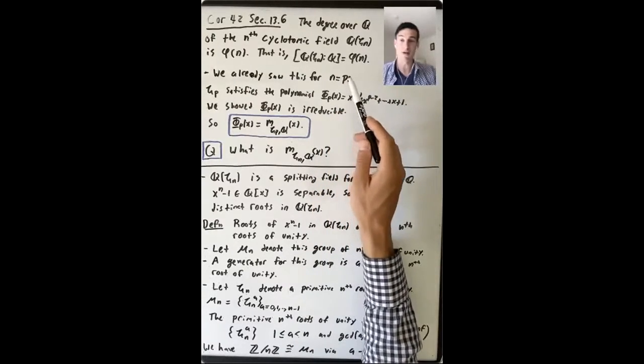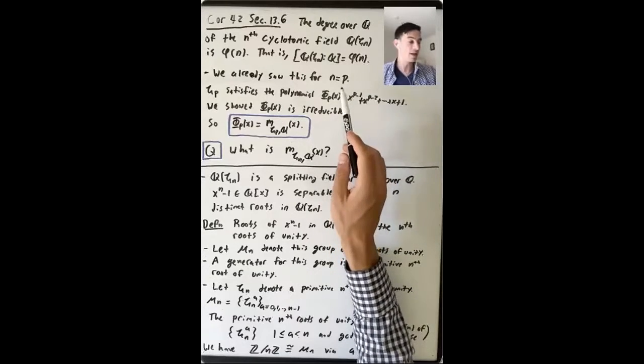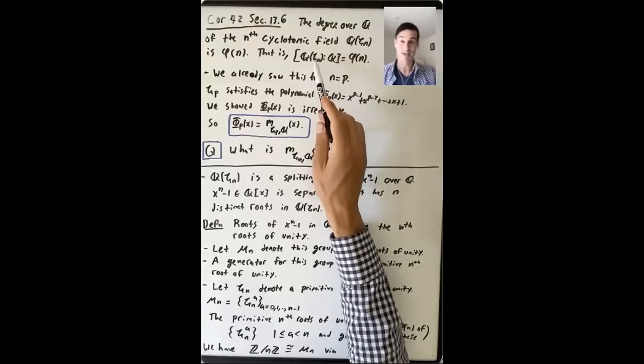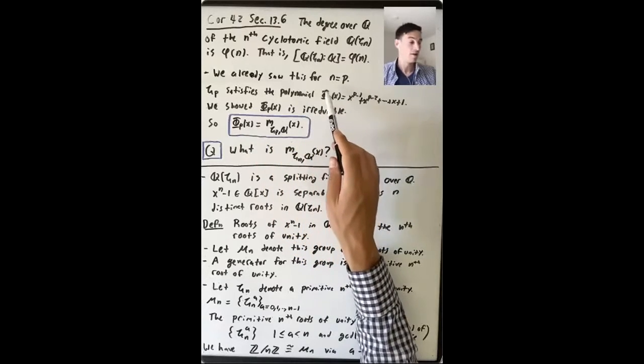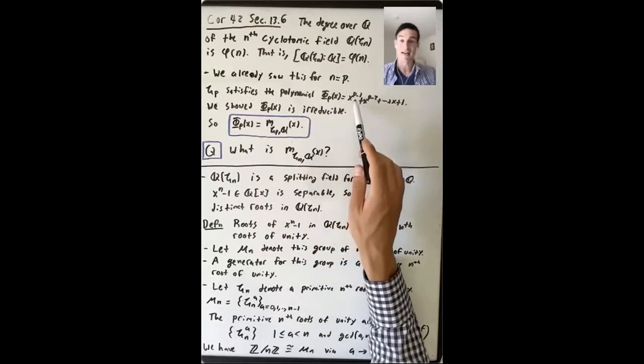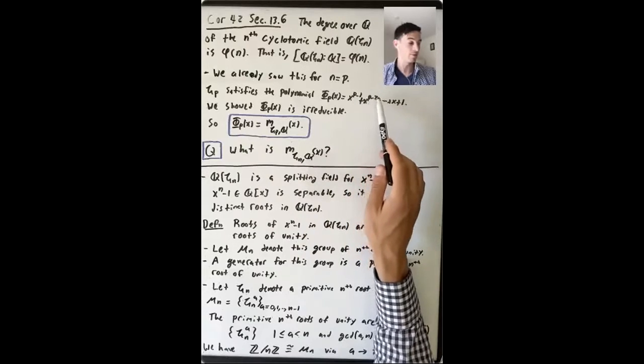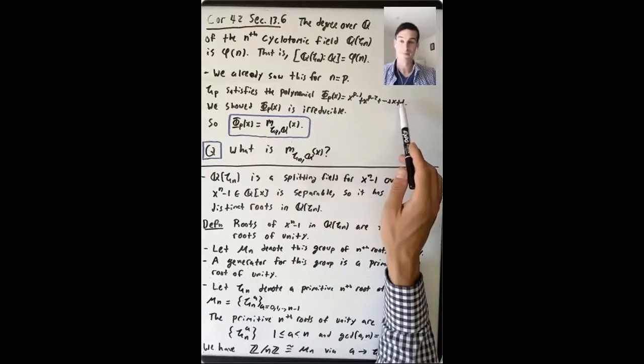And how did this argument work? We saw that zeta p, a primitive pth root of unity, satisfies this polynomial phi p of x, x to the p minus 1 plus x to the p minus 2 plus ... plus x plus 1.